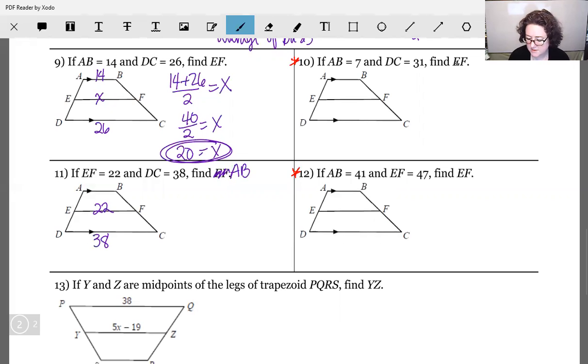And I'll fix that on the version that I post online, so you won't have my scribbled version on the original organizer. Alrighty, so I'm looking for segment AB. I need to find that value. Let's put an X there. So again, add your two bases, divide by 2, set it equal to your mid-segment. So in this case, we're going to have 38 plus X divided by 2 equals 22.